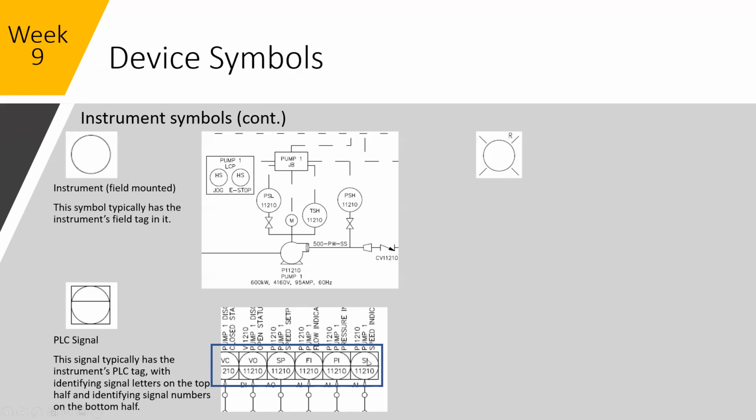So SI may be the final speed indication, pressure indication, flow indication, speed set point. So some indications of what the tag is, and then 11210 may be the specific device number, or this could be indicating the PLC. Remember, we saw this going to the PLC 112. So some sort of identifying feature of where these are going to be connected to.